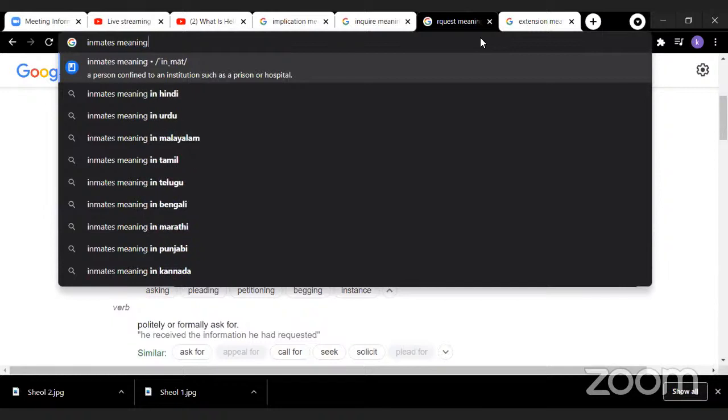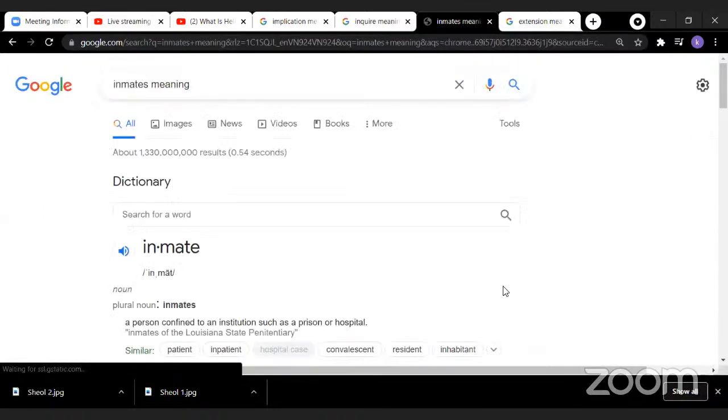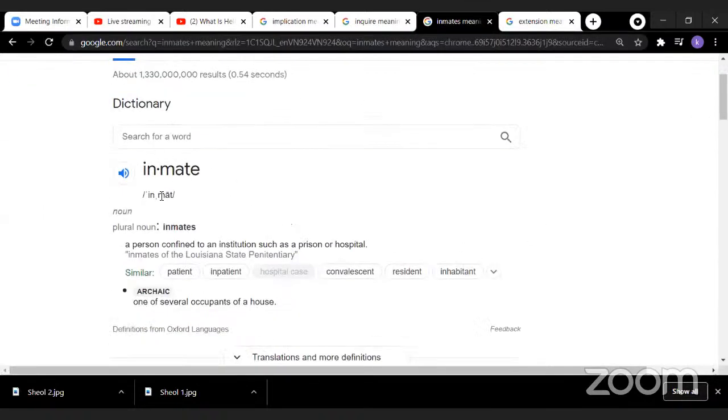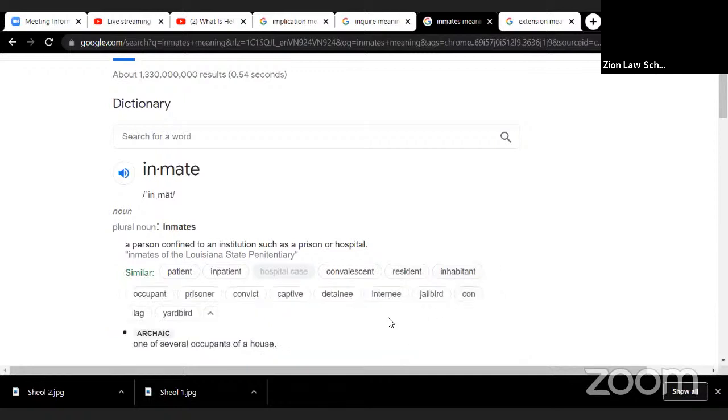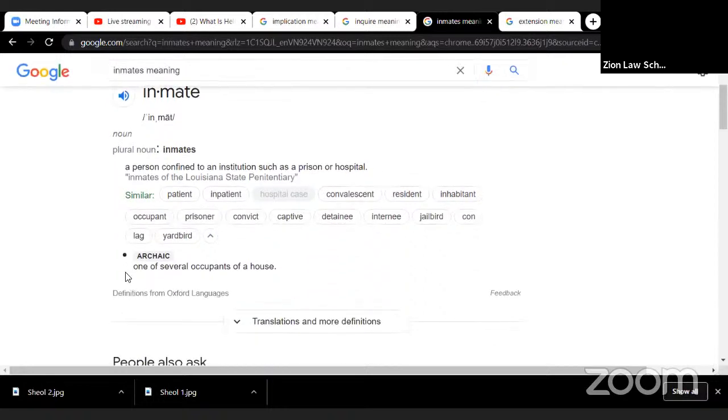No. So let's see. Inmate as a noun: a person confined to an institution such as a prison or hospital, patient, inpatient, convalescent, resident, inhabitant, jailbird, internee, detainee, captive, convict, prisoner, occupant. Okay, the archaic: one of several occupants of a house.